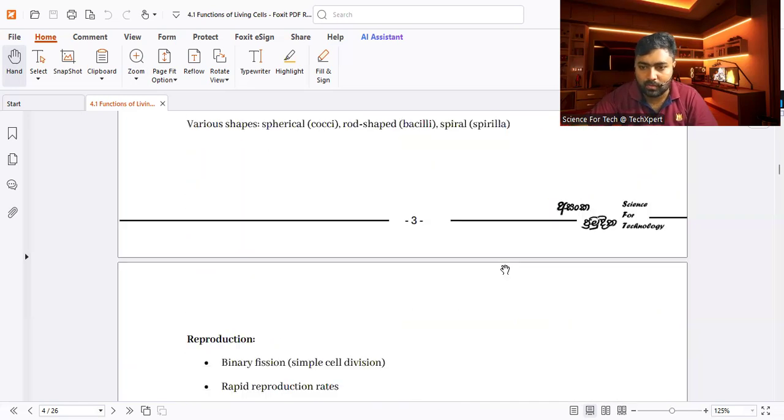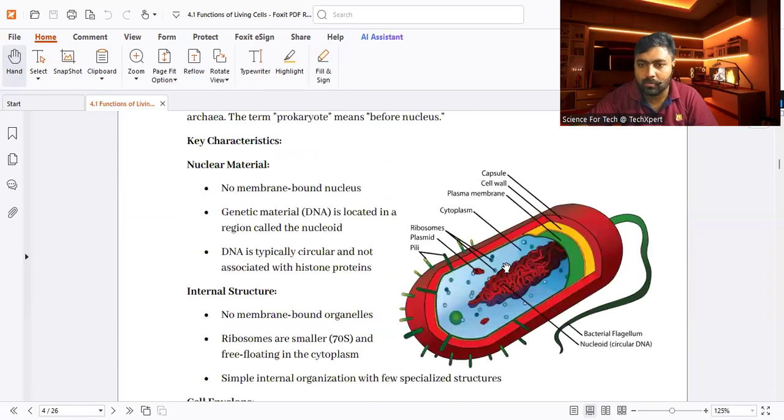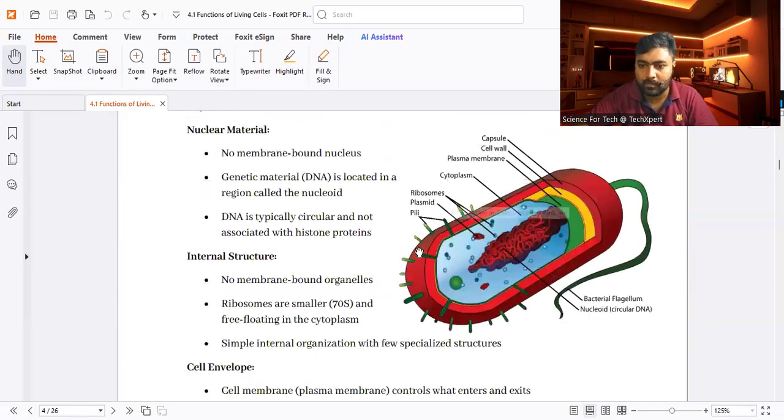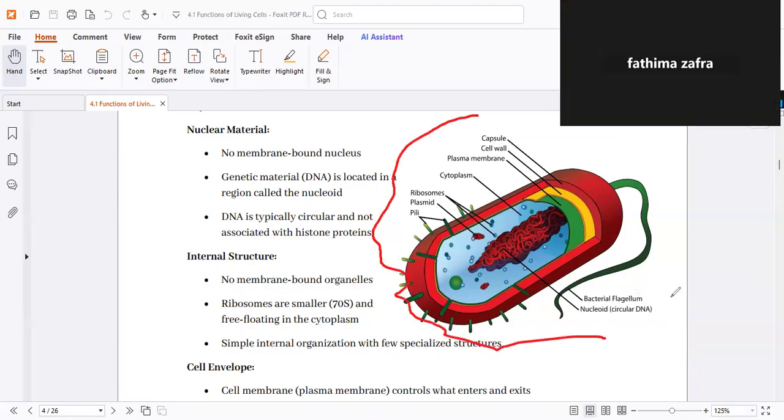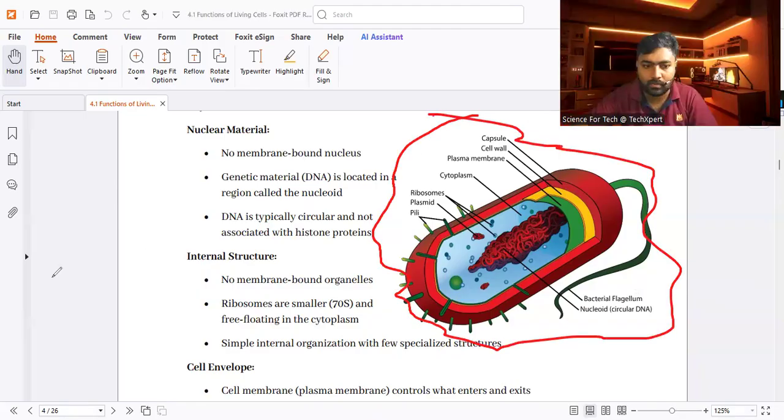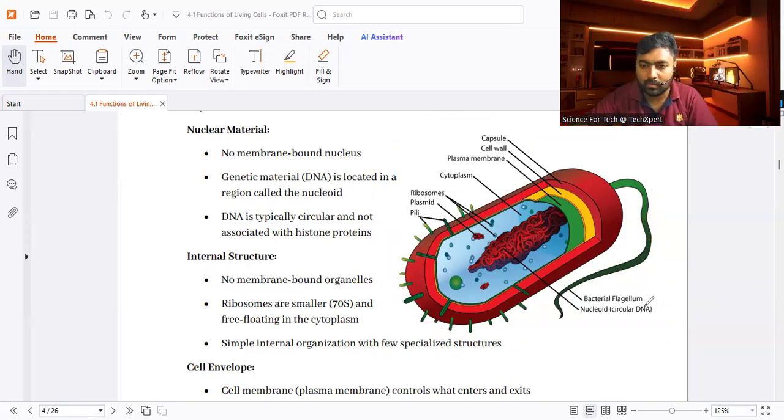Draw this somewhere in the tube, or you may draw it on a separate paper and attach it here. Got it? Yes, sir. Because in the past papers, you were asked to name the components and organelles here. In some of the term test papers, you were asked to draw this, to draw and name this, likewise.